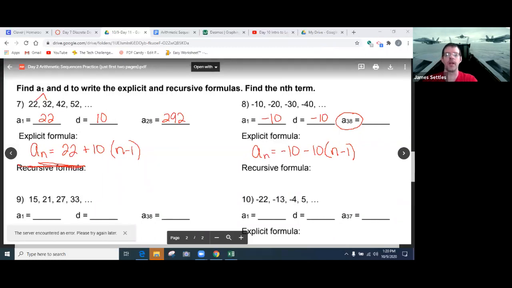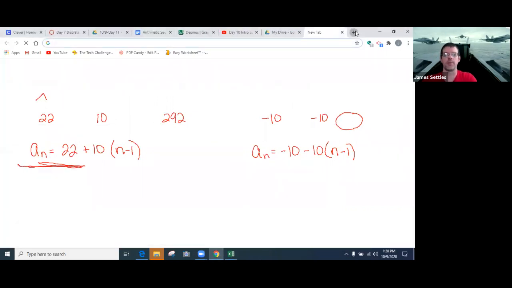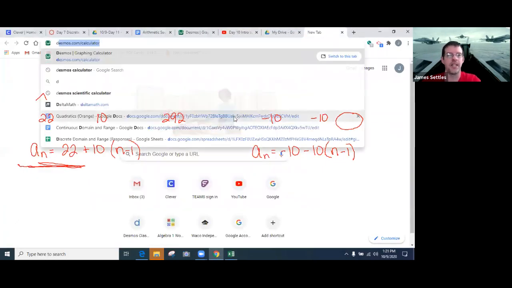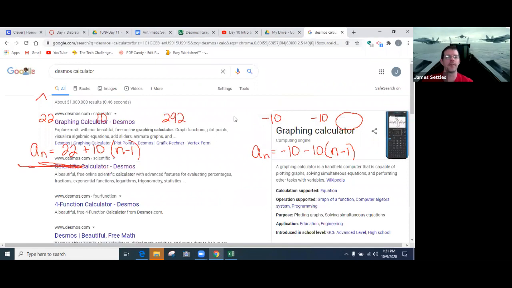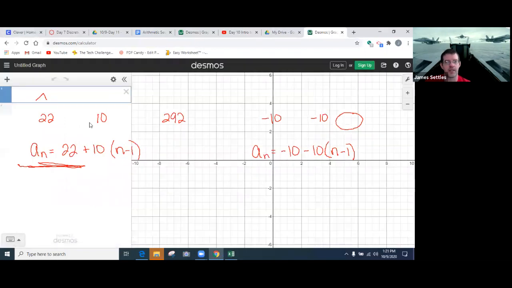If you need help remembering how to find the Desmos calculator, just remember that you type DESMOS and then calculator. And even if you misspell calculator, it'll bring it up. And then you just click on that graphing calculator and it'll look like this right here.